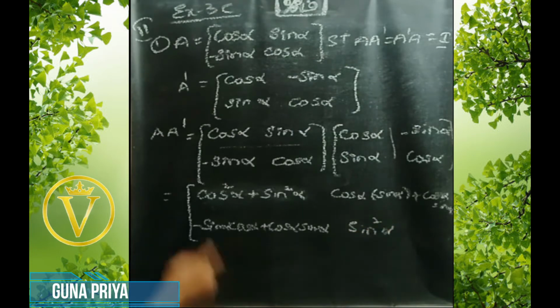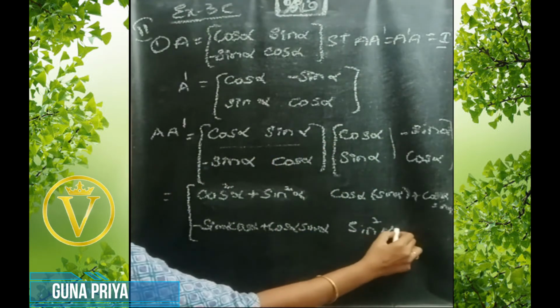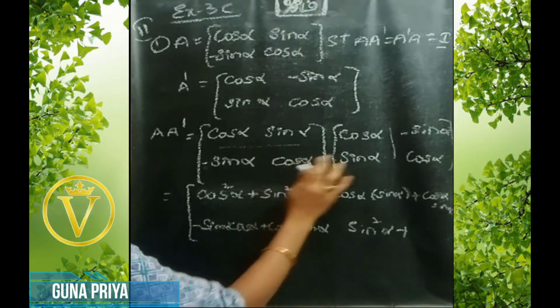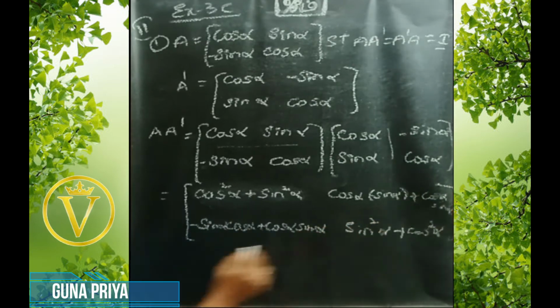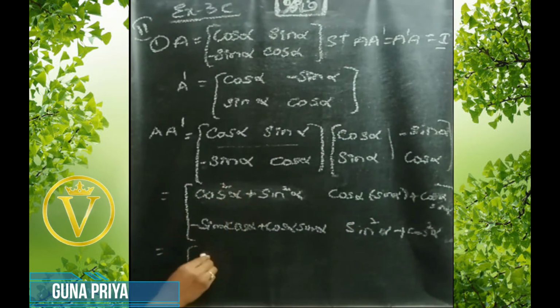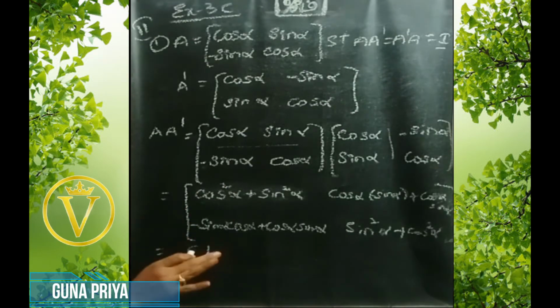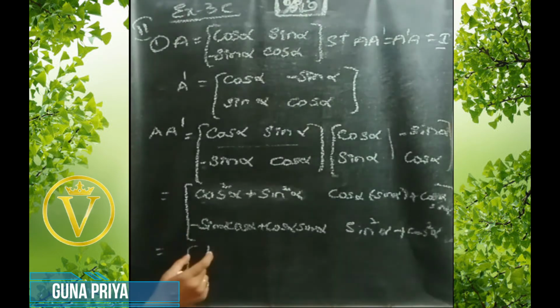Don't confuse here, minus into minus will become plus. Next cos alpha into minus sin alpha, plus sin alpha into cos alpha. Then minus sin alpha into cos alpha plus cos alpha into sin alpha. Finally sin square alpha plus cos square alpha. We know that cos square alpha plus sin square alpha is 1. This is a very important formula, don't forget it.